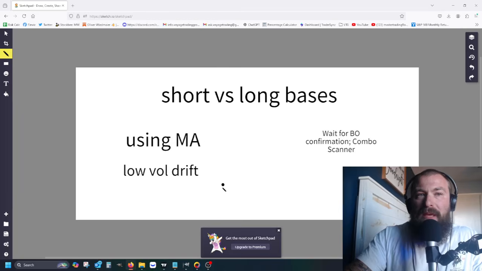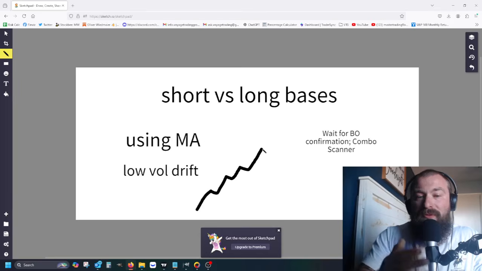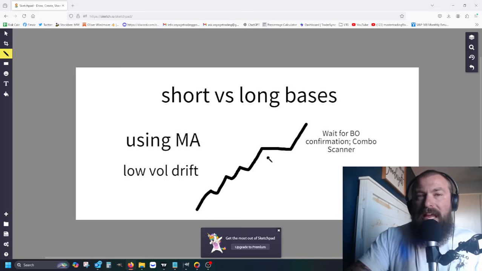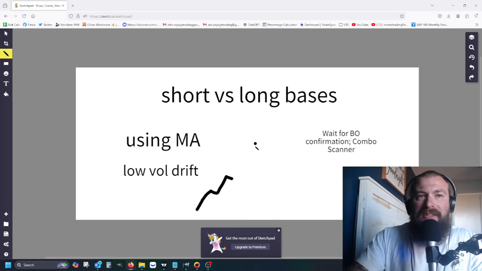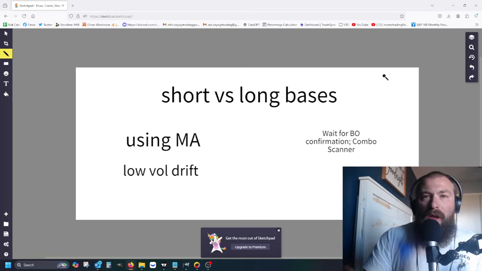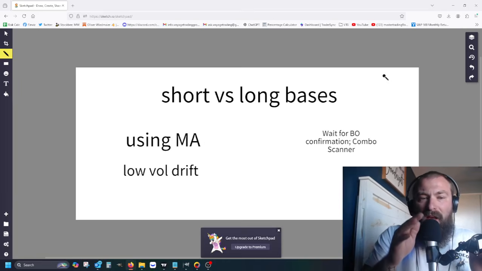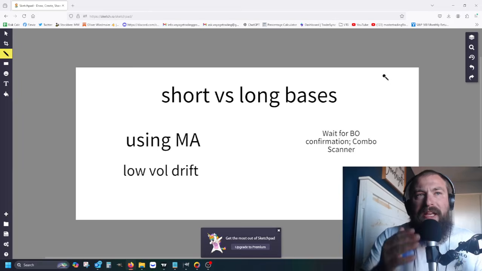But during this big momentum, you have little bases that are created, and then ultimately the best scenario is it gives you an opportunity with a longer base, and then you can catch it too. So when we run our scans, we're looking for this big long momentum phase, and then we are looking with our eyes to identify tight areas in that longer base. So let's look at a couple examples, and then from there we'll head back to this screen, and we'll go over what it is we're looking for, moving averages in a low volume drift.